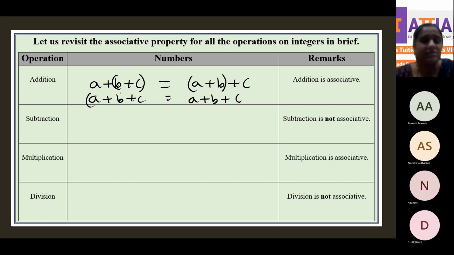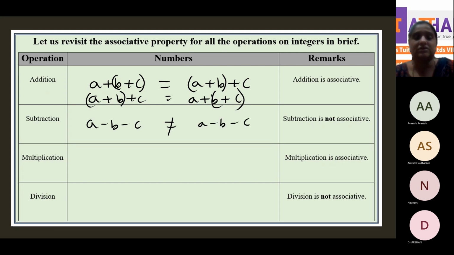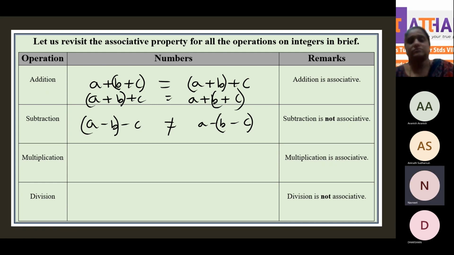Now for the next one, write A minus B minus C is not equal to A minus B minus C. Here put a bracket for the first two, here put a bracket for the last two. Is it easy or no? Yes, ma'am. It's easy.